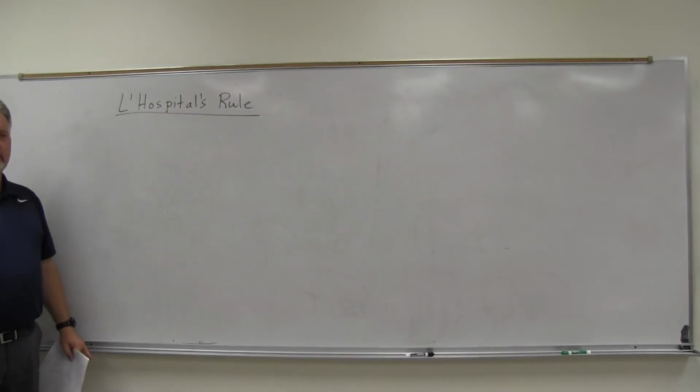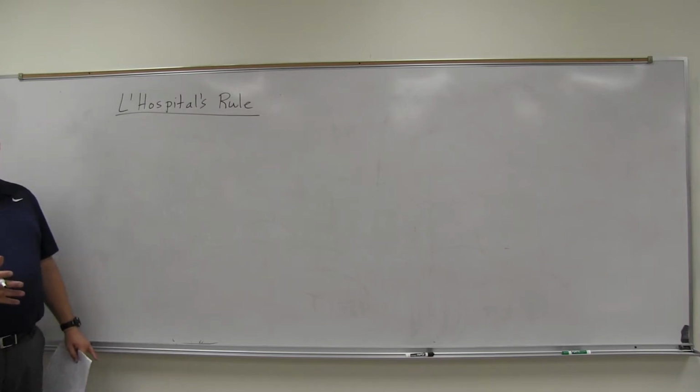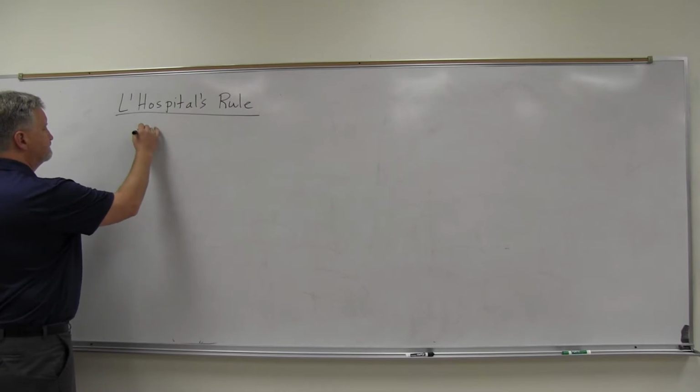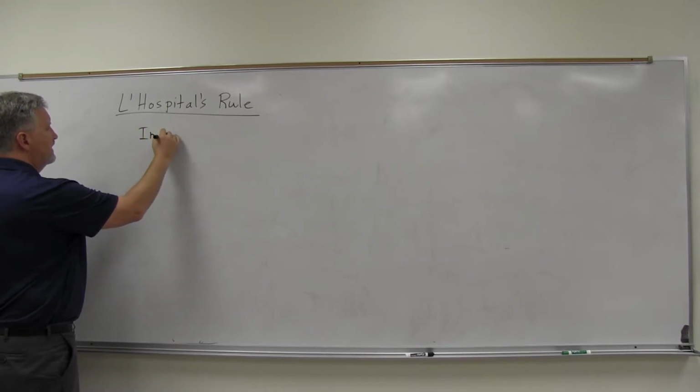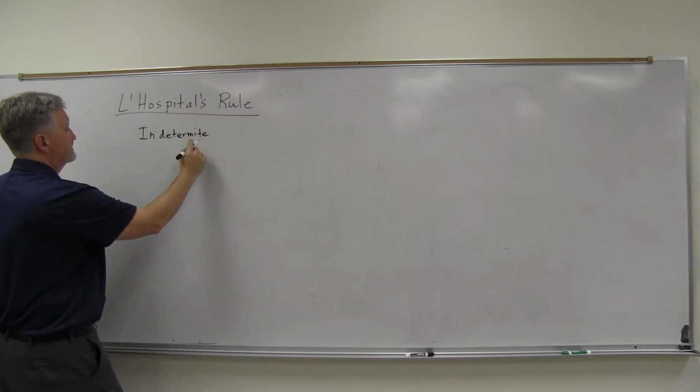In solving limits, a lot of it is the type of form that you have. We didn't talk a whole lot about forms of limits in Calculus 1, but it's really about indeterminate forms of limits.